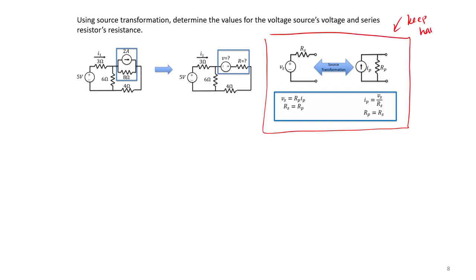These are our source transformation equations. In this question, let's look at what we know. We have a parallel current source with current IP of 2 amps. We also have a parallel resistor with 8 ohms resistance.